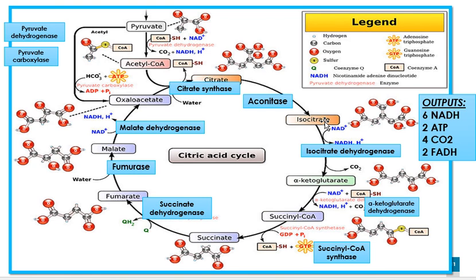So it will release one carbon. So it will become a 5 carbon molecule called alpha ketoglutarate. So this again is 4 carbon in here. This is 6 carbon because it has rearranged in here.